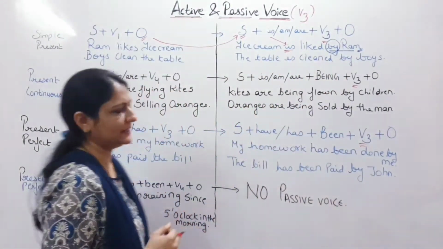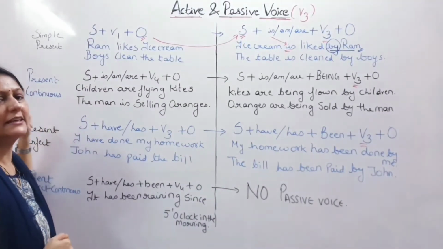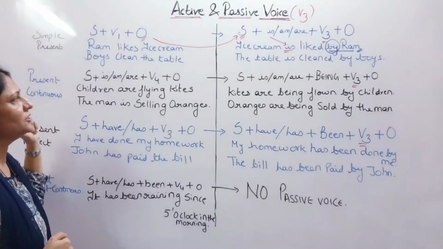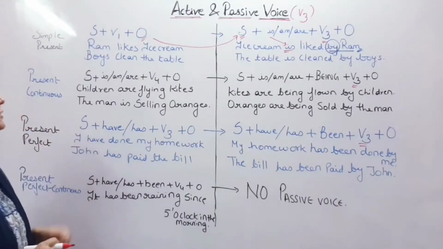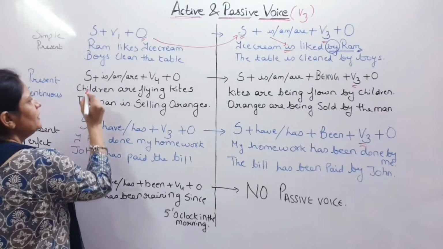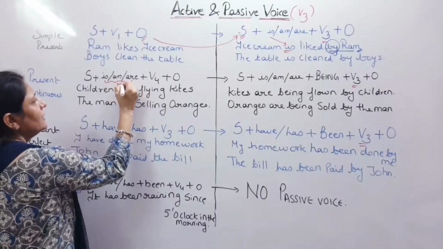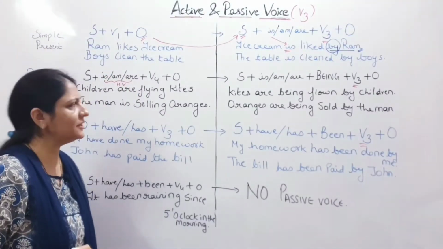Quite simple it is. Now let's come to the next tense of present tense, that is present continuous tense. The formula for present continuous tense was very clear to all of you when we studied the tenses. It is simple: subject plus is, am, are. What are they? They are the helping verbs which we use in the continuous tense.